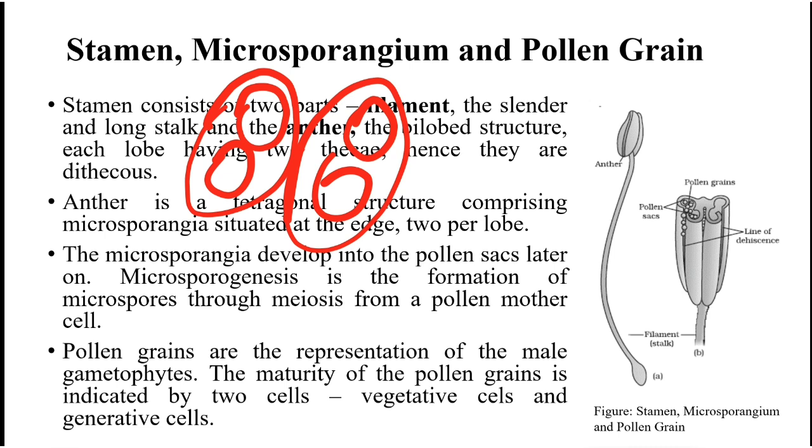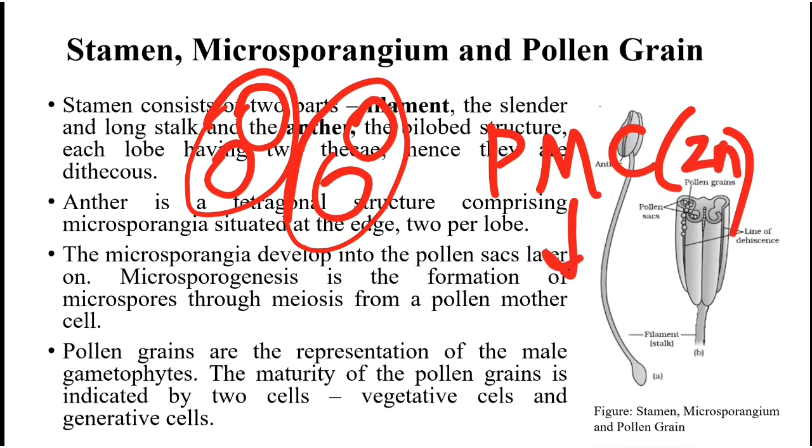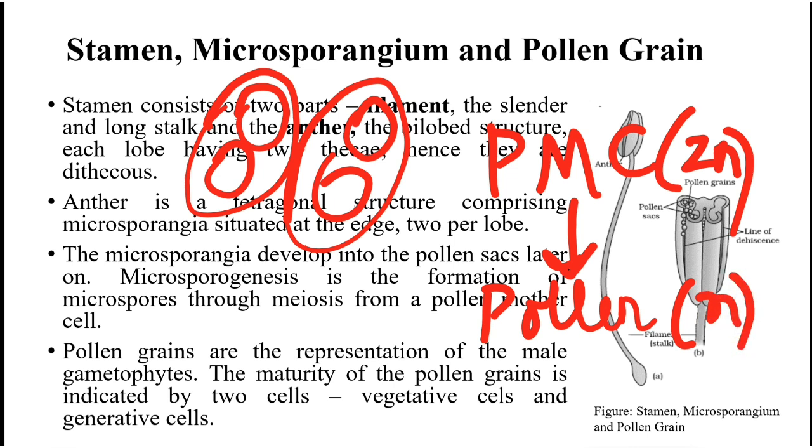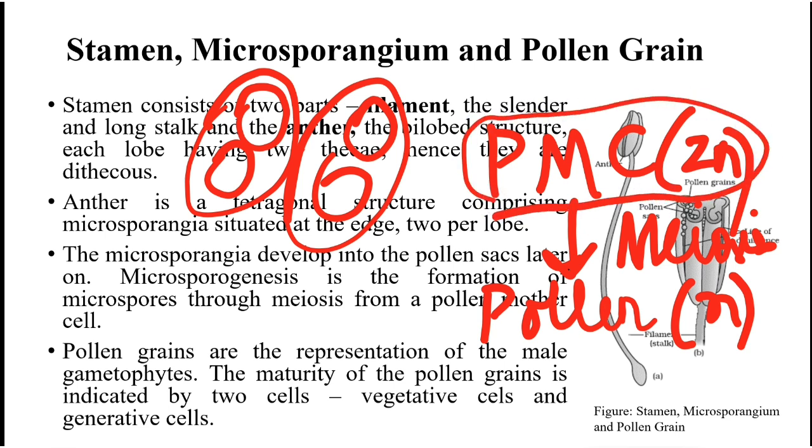That process of formation of pollen grains from the pollen mother cell is called microsporogenesis. The pollen mother cell, which is diploid in nature, forms pollen grains which are haploid in nature by the process of microsporogenesis, and this division is meiosis, because haploid pollen grains are formed from the diploid pollen mother cell.